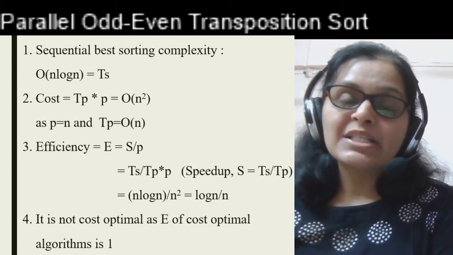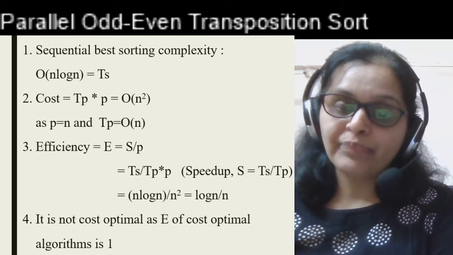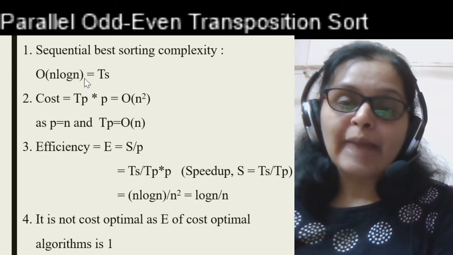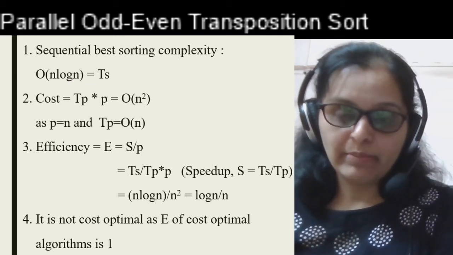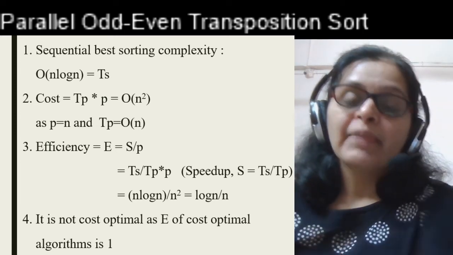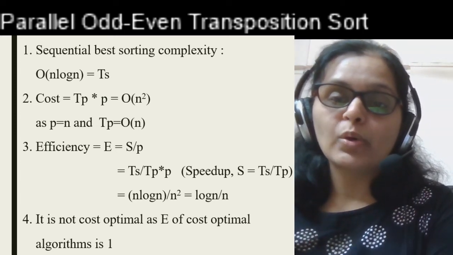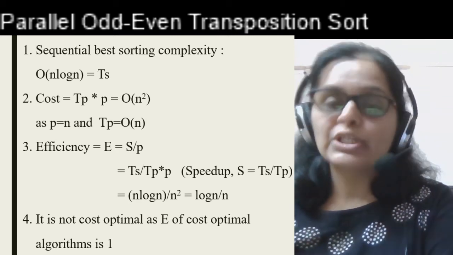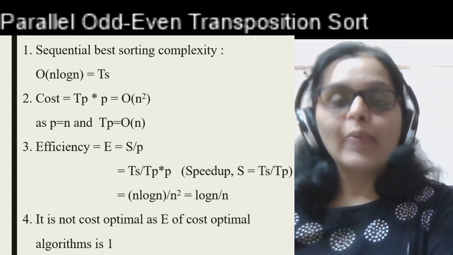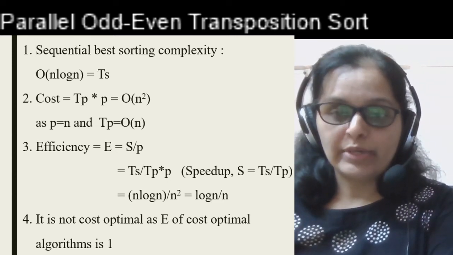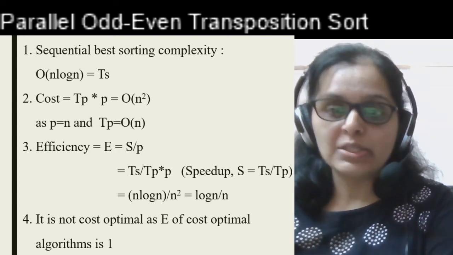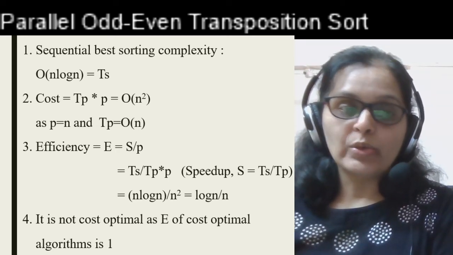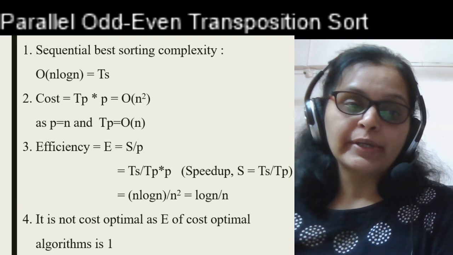The best sequential sorting algorithm is quicksort, and its complexity is n log n. Here I am not comparing it with bubble sort, because bubble sort is not the best sequential, it has O(n^2). So the parallel runtime of odd even transposition sort is compared with serial quicksort. That's why n log n, not bubble sort. Okay, so that is also covered in your HPC course, students. So you will need that knowledge here.